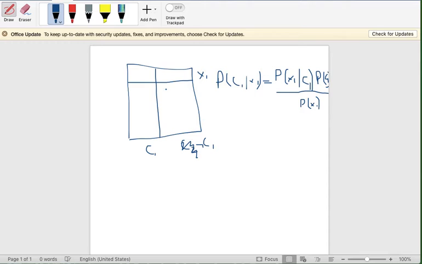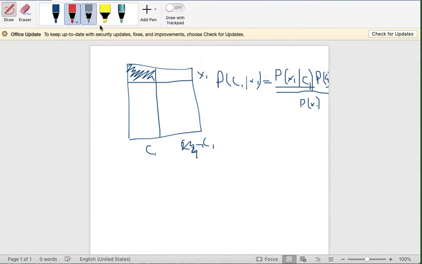Okay, let's go through this step by step. Let's start on this part up here, the numerator, specifically the probability of x1 given c1. What that means is, out of all of the c1s, when is it x1? That's this part up here, out of the entirety of c1. It's a good idea to switch colors.